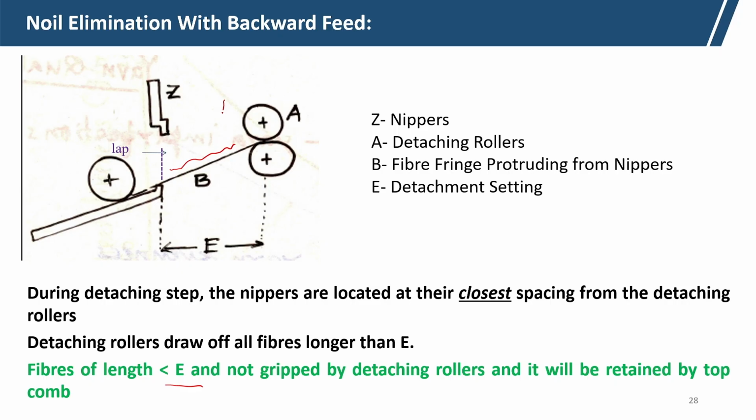During detaching there will be a top comb here which will restrict the movement. So fibers less than the detachment setting E and not gripped by the detaching roller will be retained by the top comb.